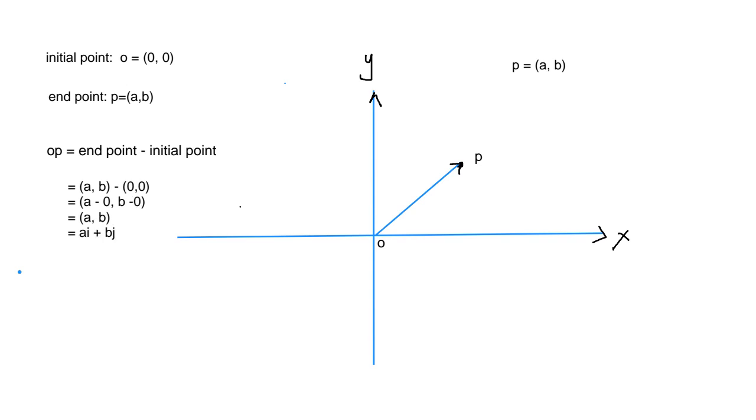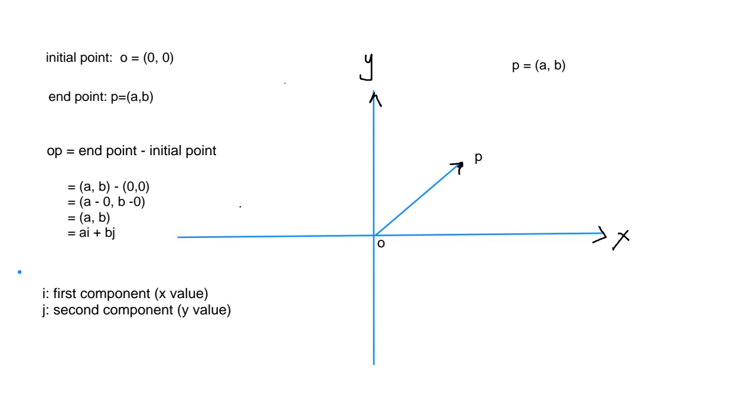Here we call i the first component. Component is a word. Remember, that's the X value. j, second component, Y value. Once we get used to it, we can go back to this, parentheses, A comma B.